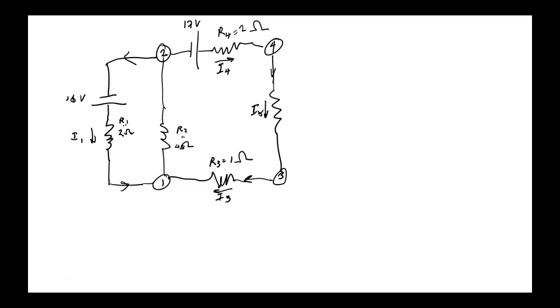Last little leg over here, leaving junction 4, coming down and hitting a battery. This battery, the plus side's up, so this would indicate, if anything, this current should be flowing toward 4. Now they don't put an arrow there, which I find interesting.